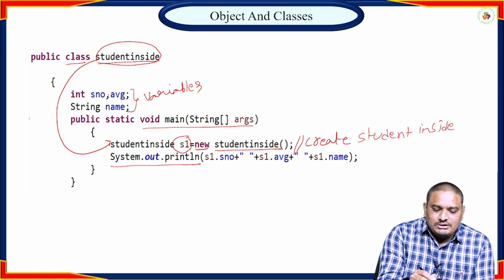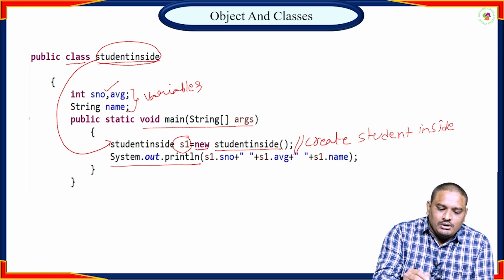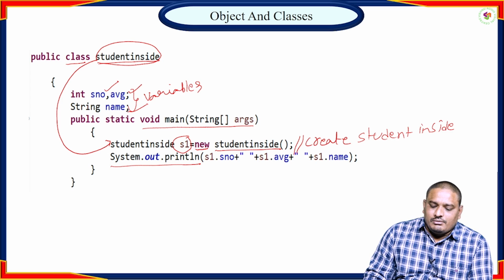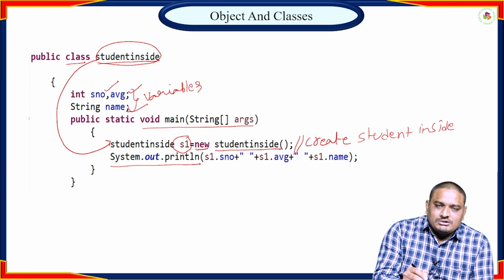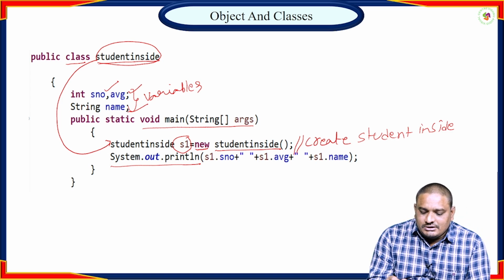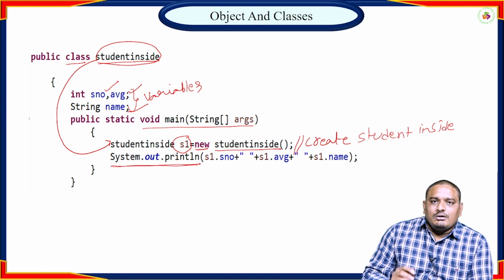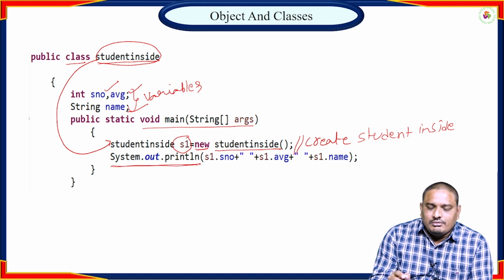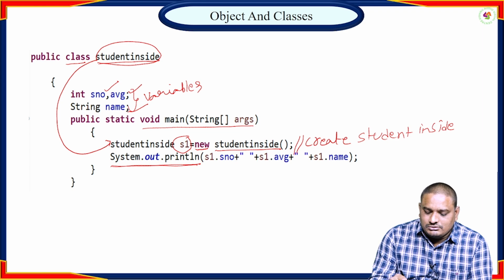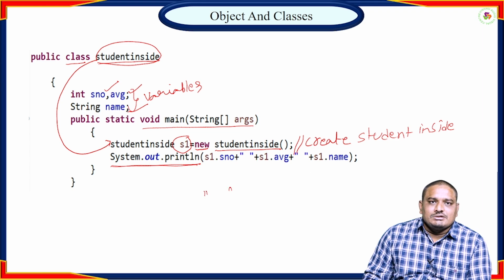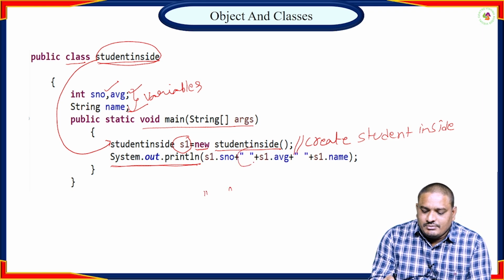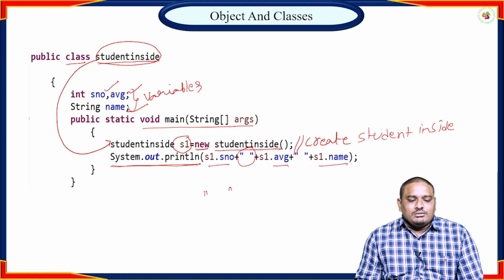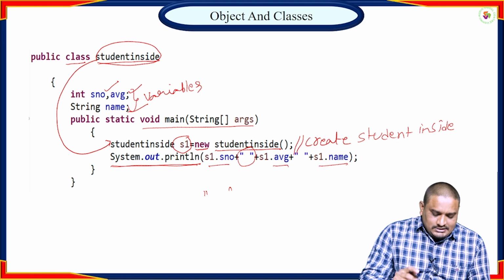Here we have serial number as one variable, average as another variable, and name as another variable. The three variables are displayed in the terminal using the System.out.println method. We use double quotations to put a space between each variable. This is the example of variables declared inside the class.